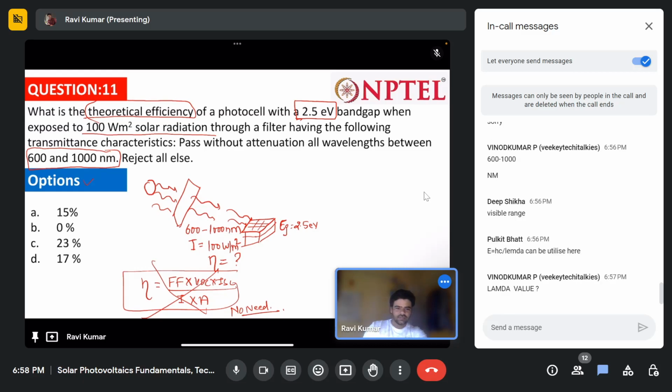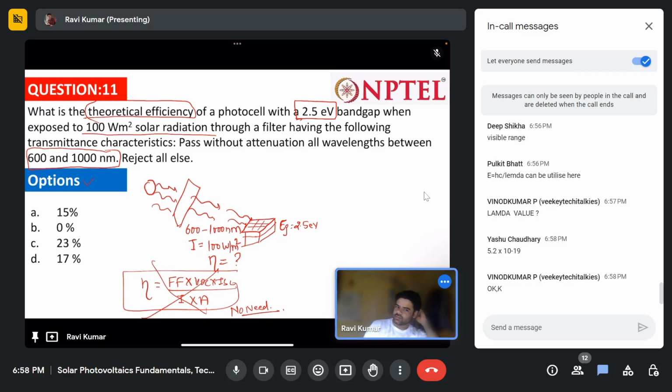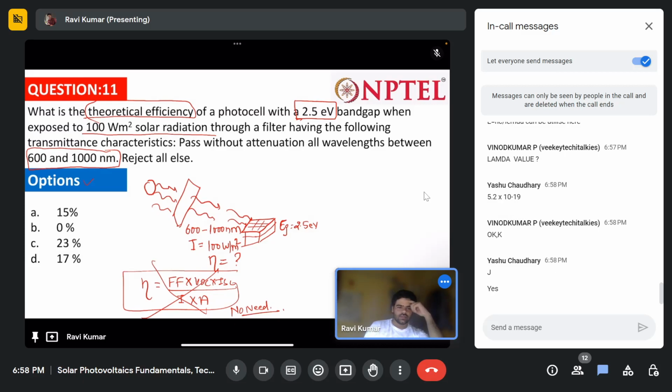Lambda, we know the value is given, 600 nanometer. Yashu, I'm saying in electron volt. Whenever you write anything on the screen, write the unit as well. It is in joule, I guess. So just convert it into electron volt.